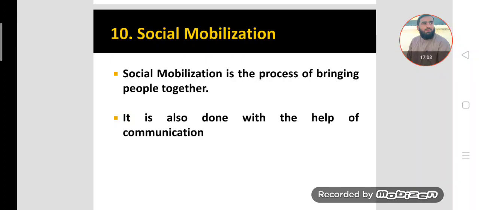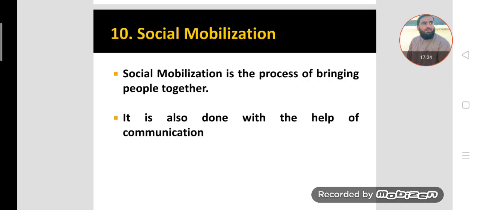Then we can conduct a survey in that particular area. For example, if the government wants to conduct a survey regarding education or health issues, then what does the government need?